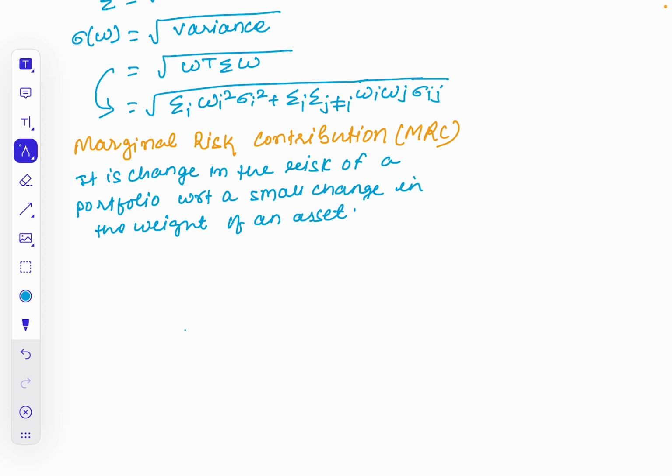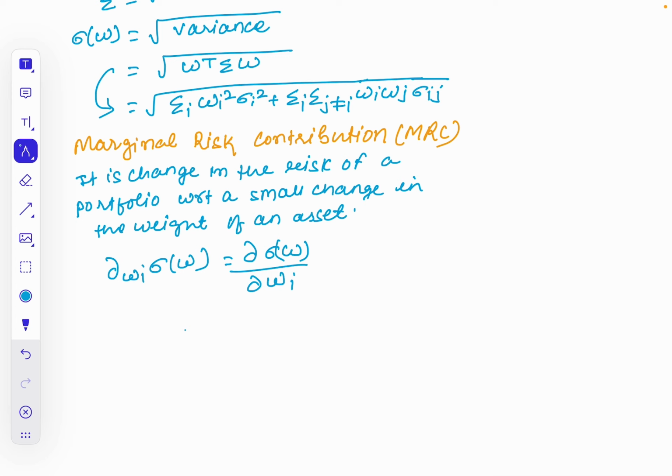So the notation is d sigma by d omega i. It is basically the marginal risk contribution of asset i, defined as this. It is the change in risk divided by the change in the weight of asset i, right?